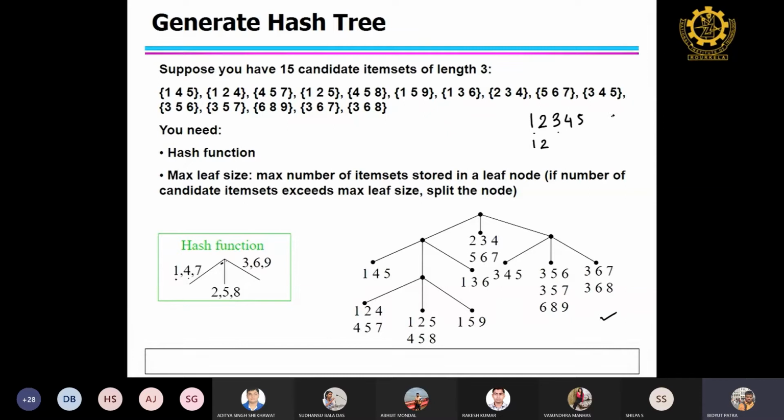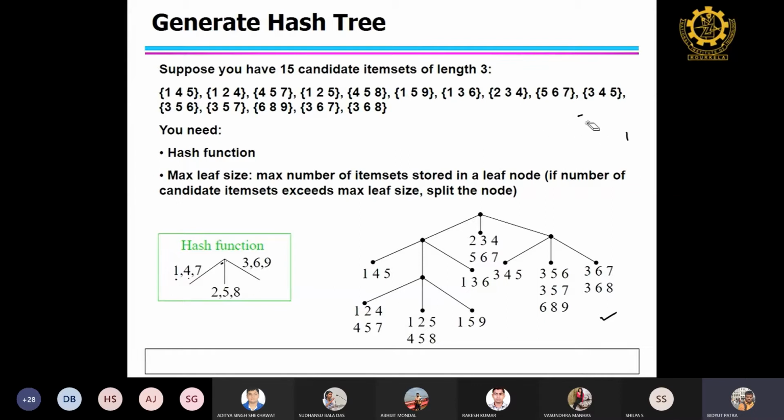We cannot make 5, 4, because we must have 4, 5, and 4, 5 is the same as 5, 4. So if we maintain the order, there won't be any chance of duplicate item sets.